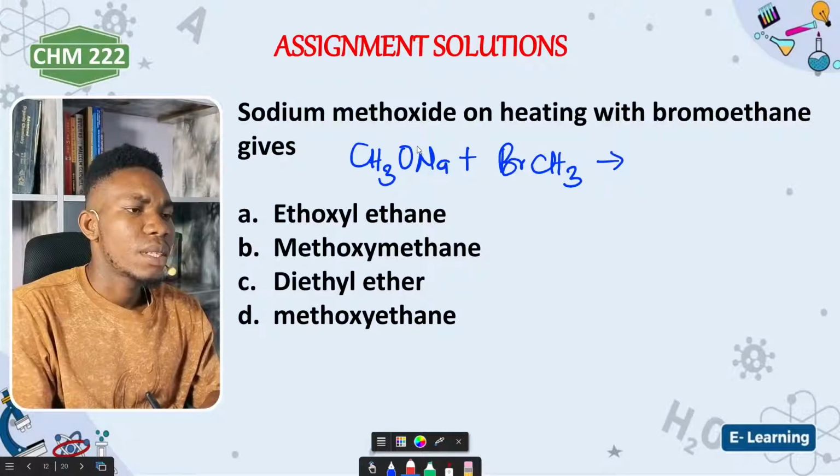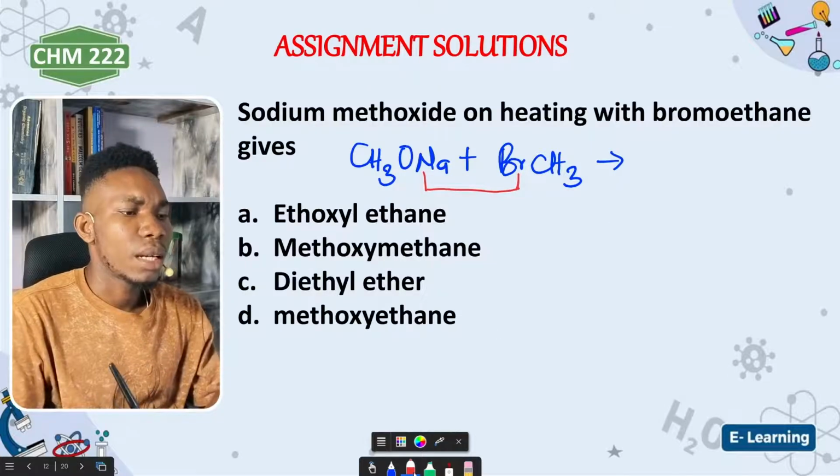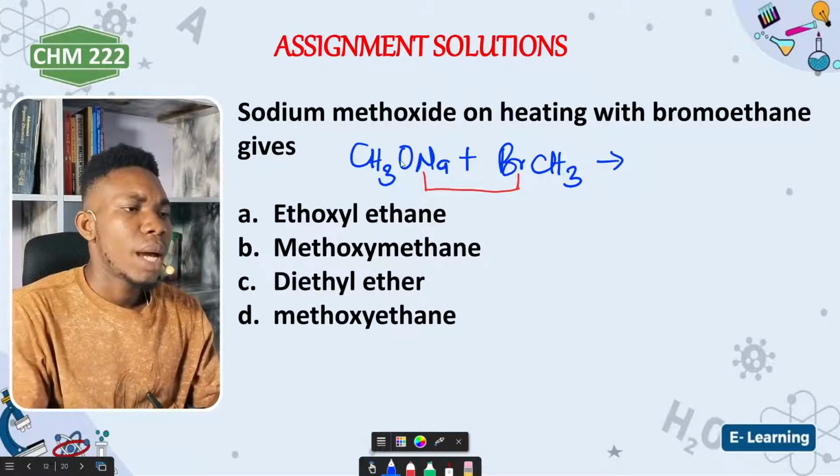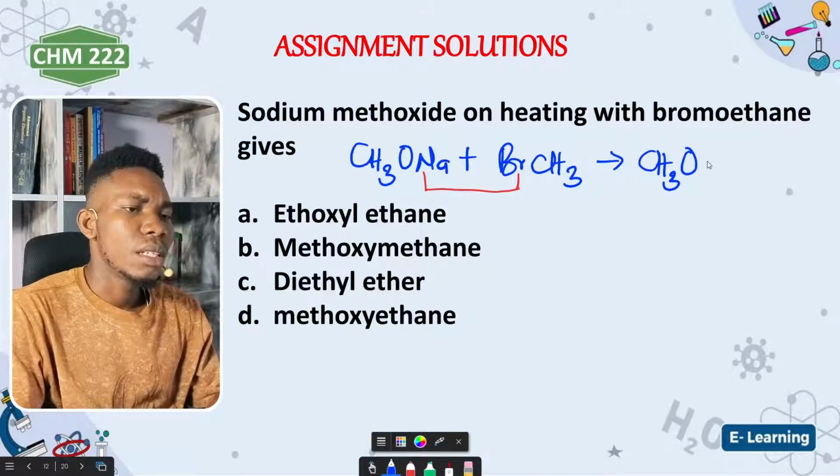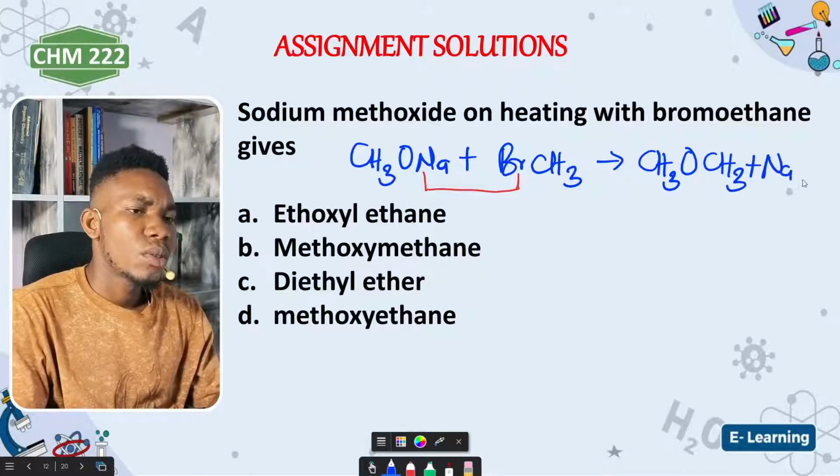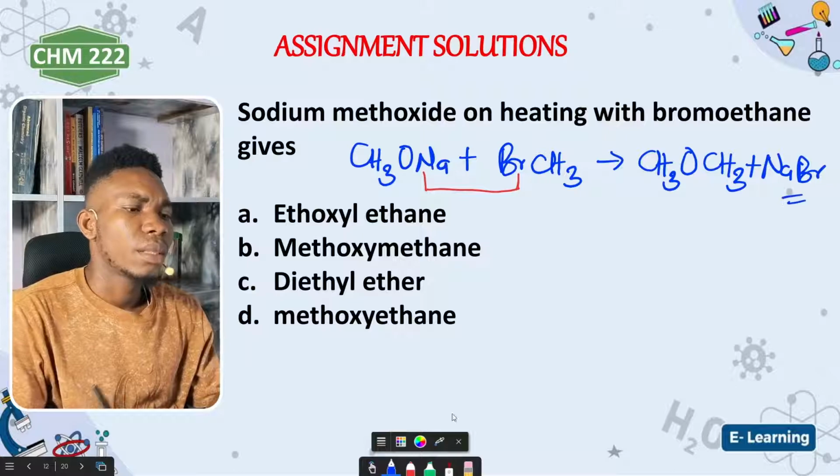It's a method of synthesizing ether. Now, this sodium and this bromine will come together to form sodium bromide, while these 2 groups combine, and the product of this reaction will be CH3OCH3 plus sodium bromide.